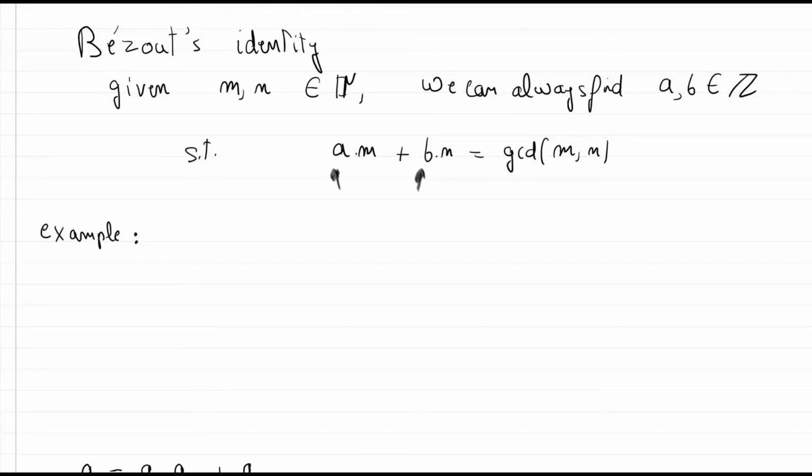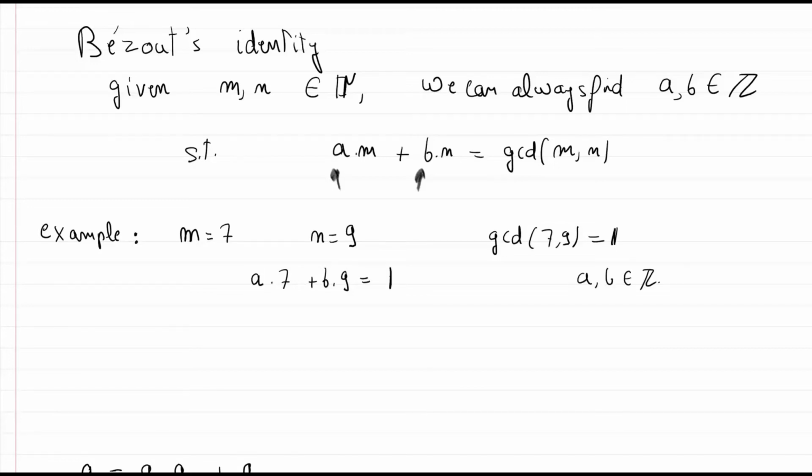So if I take, for example, m equals 7 and n is 9, in this case I know that the greatest common divisor is, of course, 1. Now Bezout's identity says that there should be a and b such that a times 7 plus b times 9 equals 1.